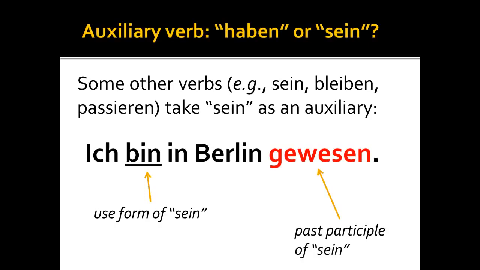So since it is the past participle of sein, I'm going to use some form of sein as the auxiliary verb in the second position. Ich bin in Berlin gewesen. So that concludes our discussion of the present perfect tense using irregular or mixed verbs.